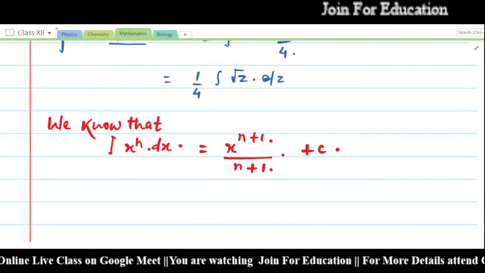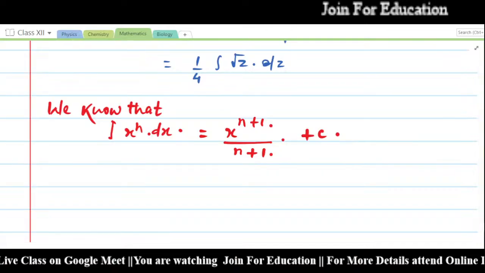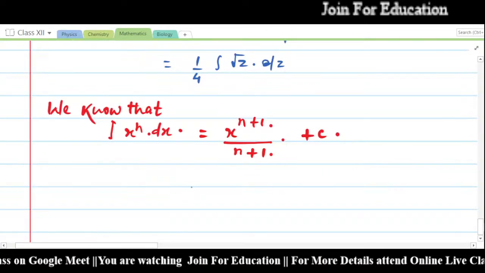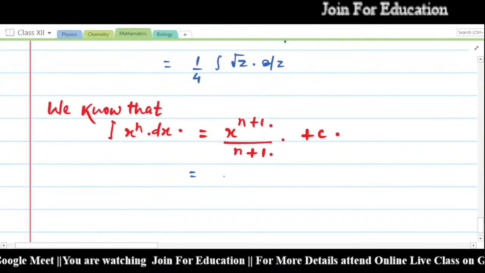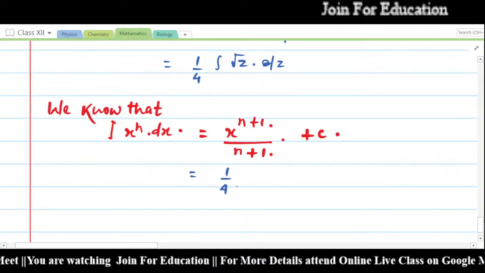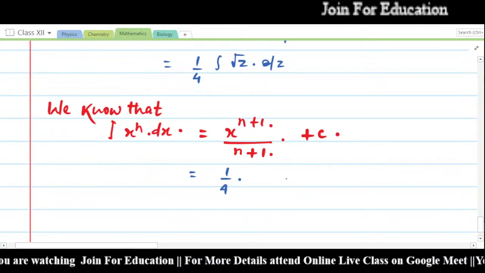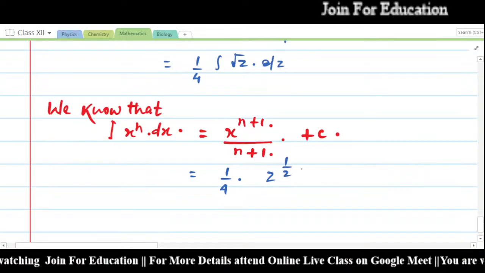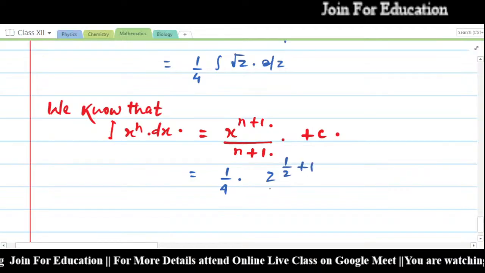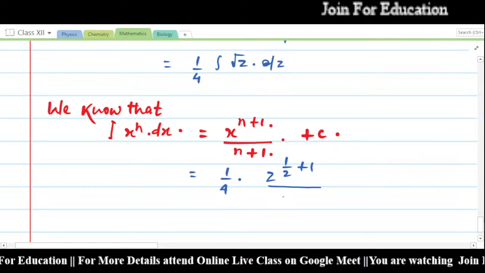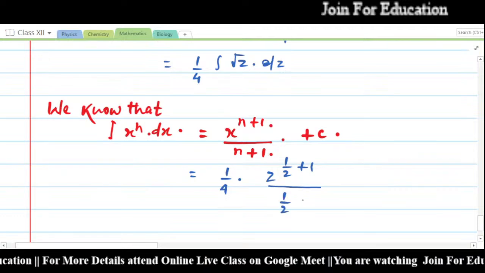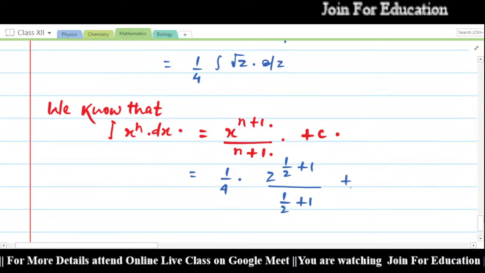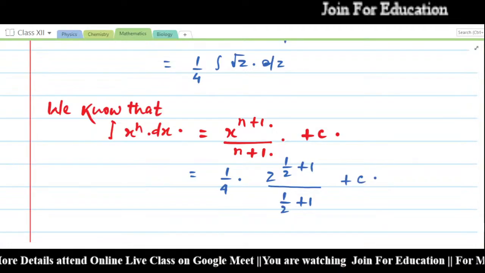So according to this, your next step will be 1 by 4, and we write down here z to the power 1 by 2 plus 1 by 1 by 2 plus 1 plus c.